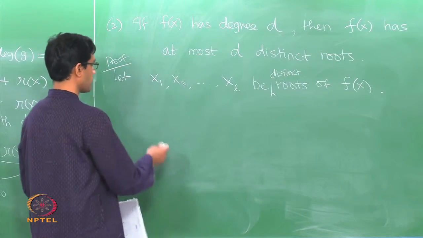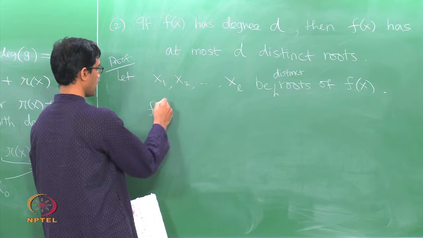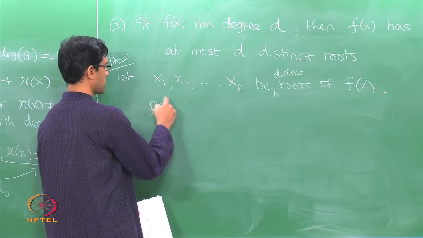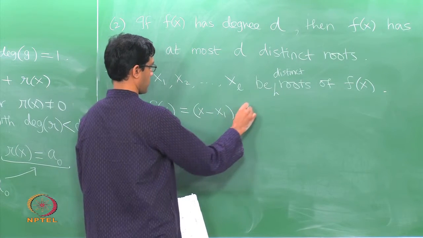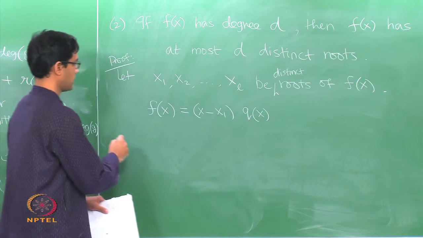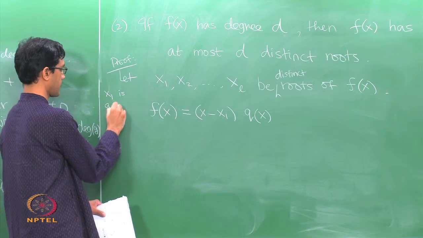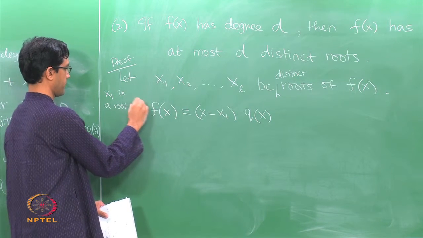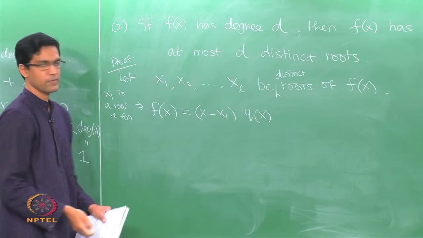Okay, so we just do the following, we write f of x. So since x1 is a root, we conclude f of x is divisible by x minus x1 times q of x, right. So because x1 is a root of f of x, f can be written in this way.